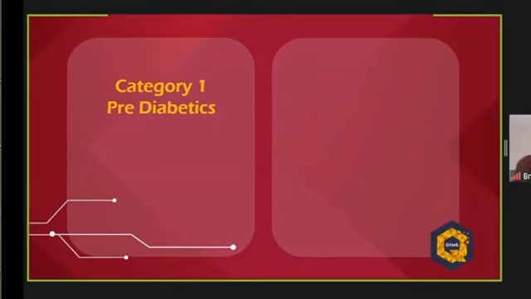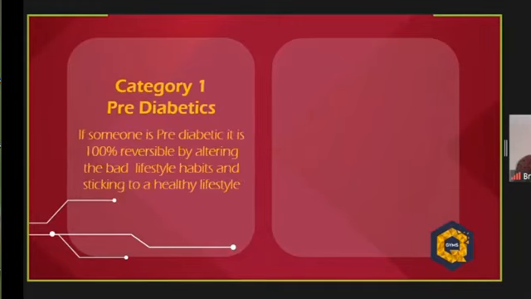If you are pre-diabetic, it's like 100% reversible by altering the bad lifestyle habits and sticking to it. You can do the necessary work to reverse it and go back to normal blood sugar levels, and have the luxury of enjoying many of your favorite foods without fearing getting diabetic.